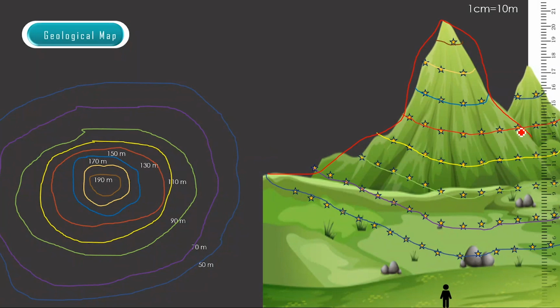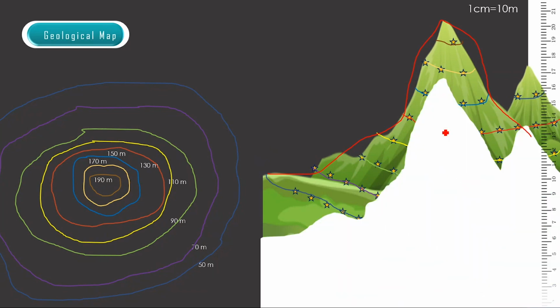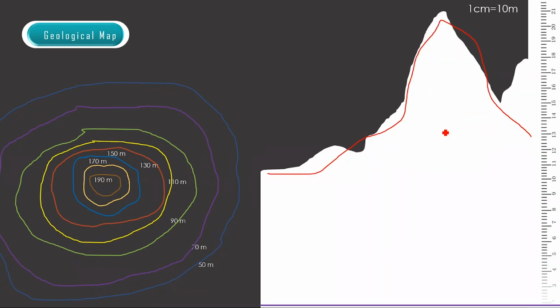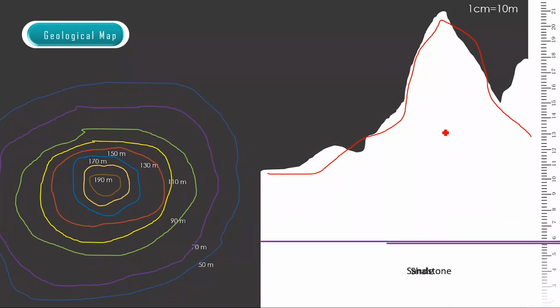What is this hill made up of? Obviously, when there is a hill, there should be something inside the hill, and hills are usually made up of rocks, and there are different conditions of the rocks inside the hill.